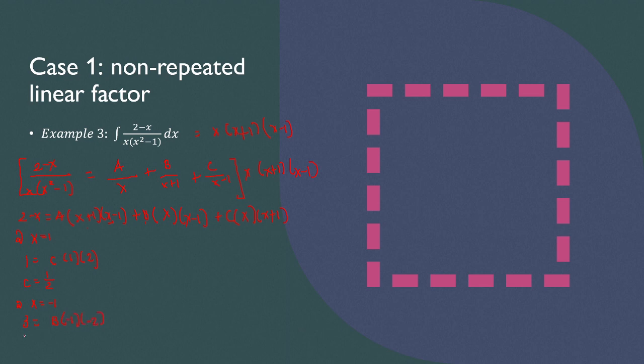The c term is 0 times c, which is 0. So we get 3 is equal to 2b. Divide both sides by 2. So therefore, our b is 3 halves.